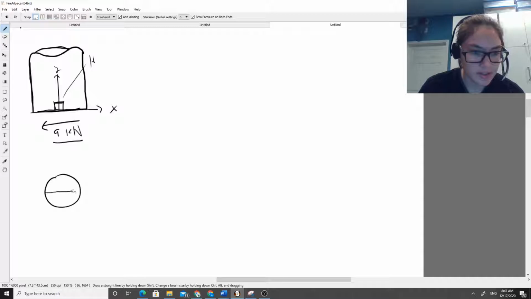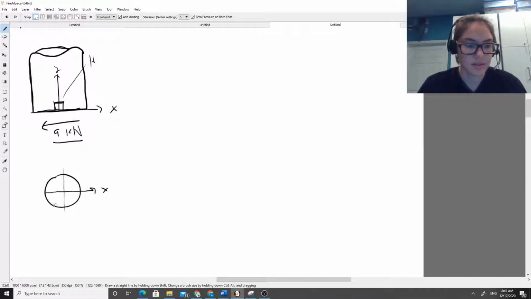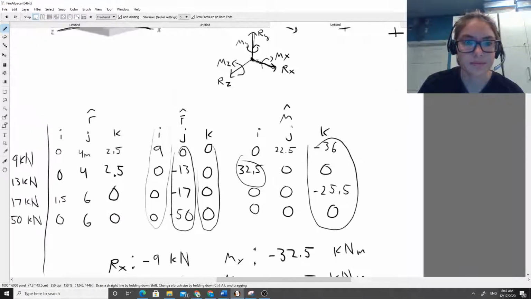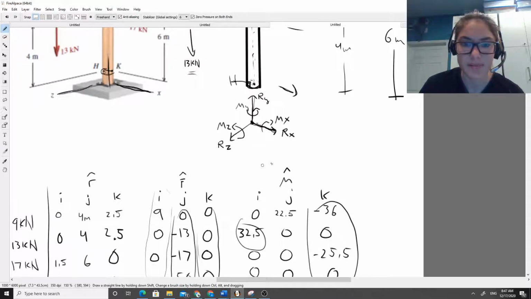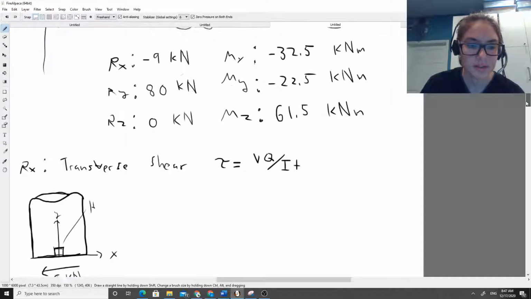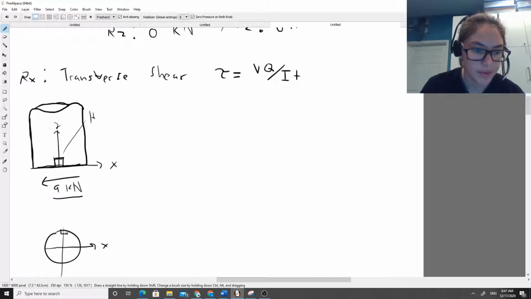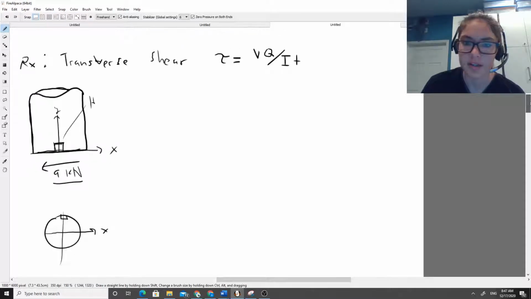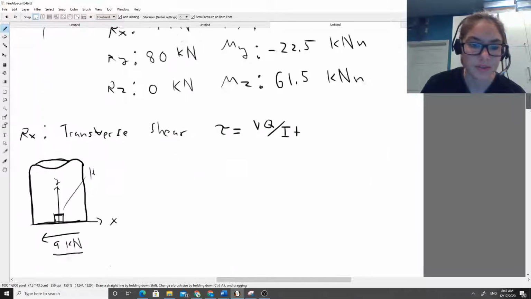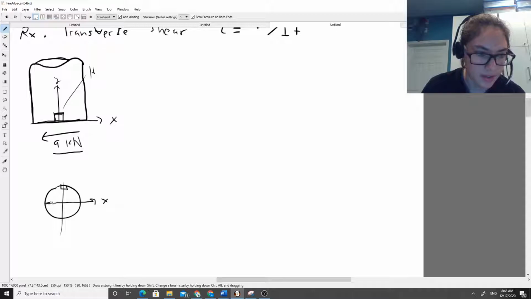This is going to be our x, and this is going to be the z. You'd have to be looking at it that way. And H is going to be at the very top of the z, so H is going to be here. Remember, our force is acting in the x direction, so it's acting this way along our axis here.